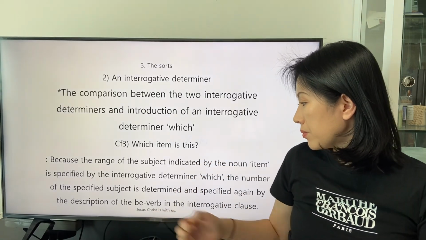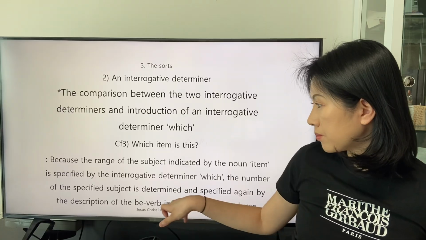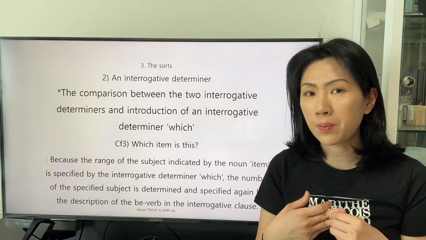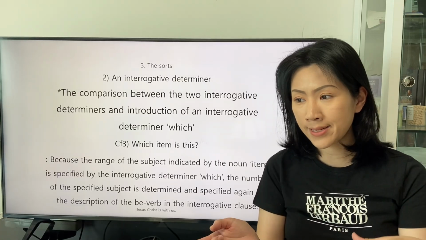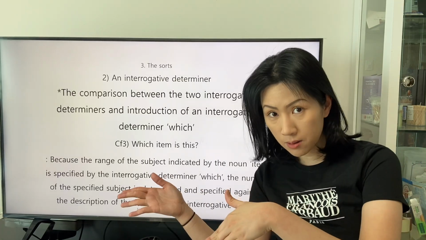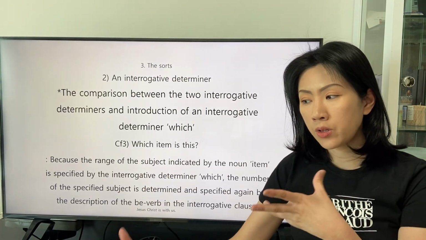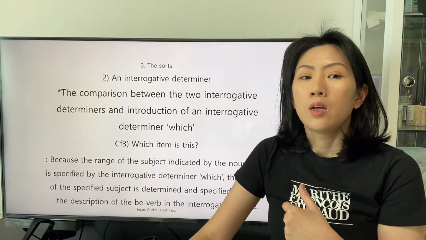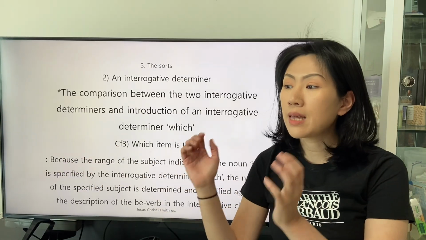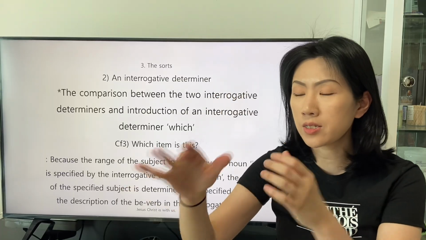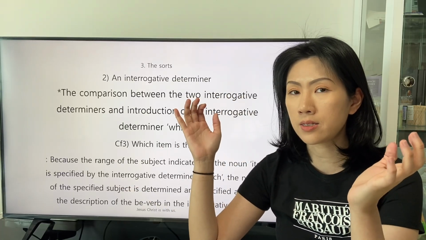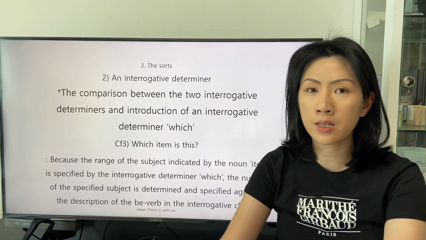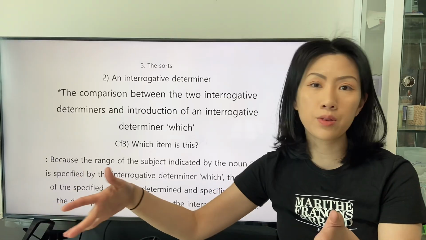This means that the object described by the interrogative determiner which is specified again by the description in the clause. Which season do you like? The season that the listeners like is finally specified as the response from the interrogative clause.